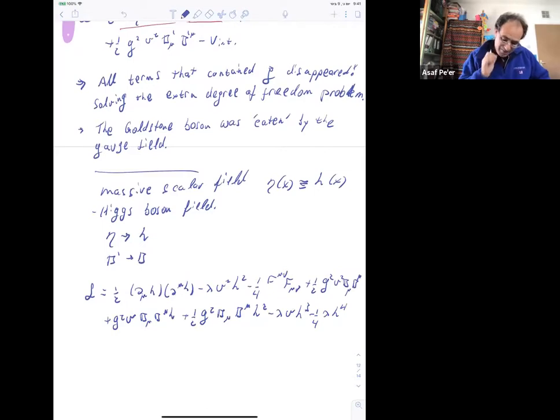So the first two terms here are for the massive H scalar. This is for the massive gauge bosons, of course.